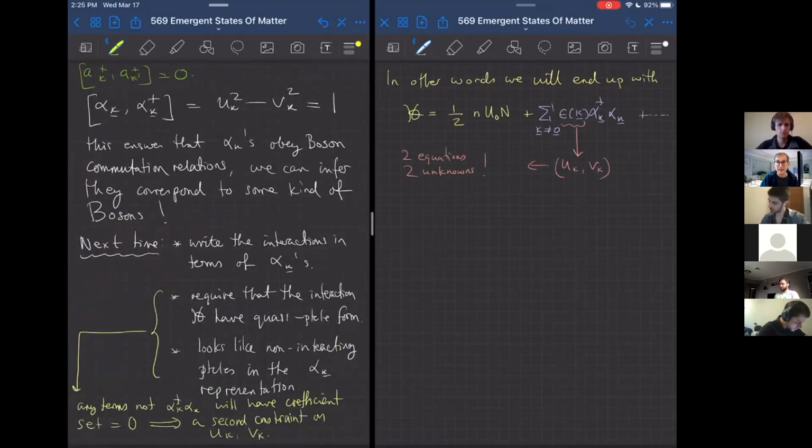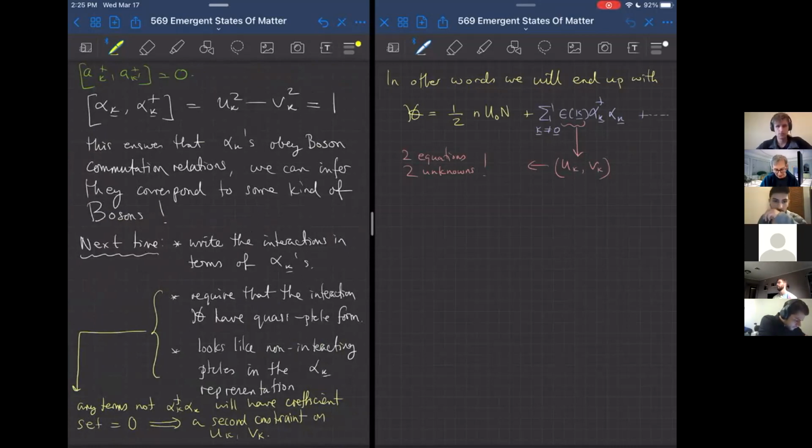And that was exactly the constraint that we applied to these u's and v's in order to make the transformation invertible. So what we've learned is that by making the transformation invertible, these alphas actually obey Bose commutation relations. And so they correspond to some bosonic particles.